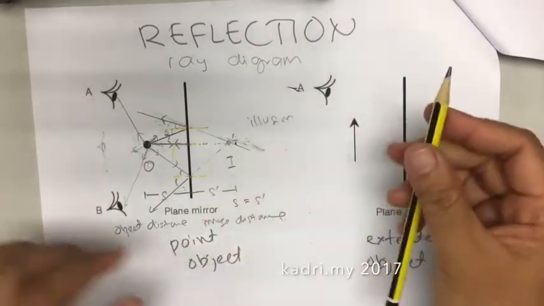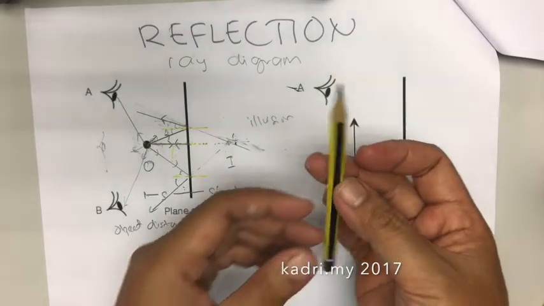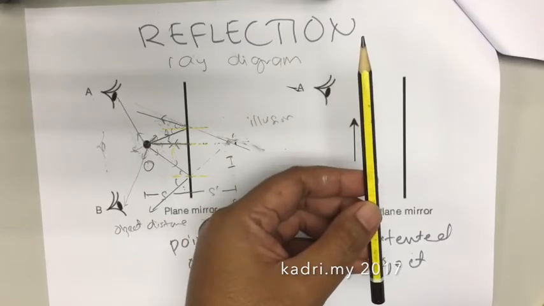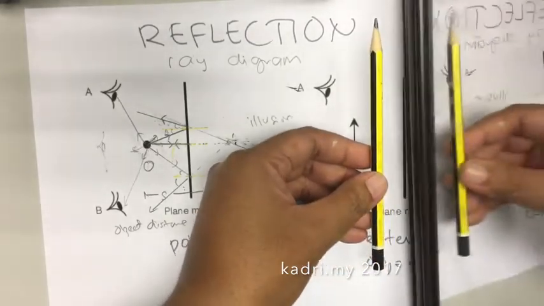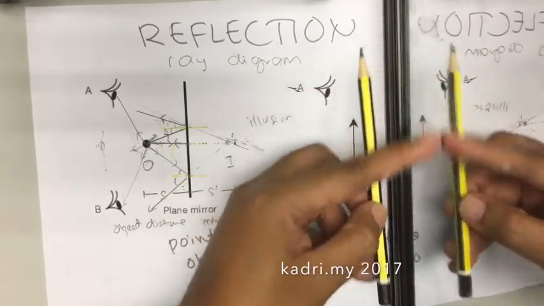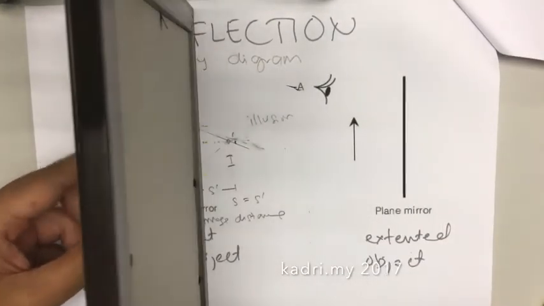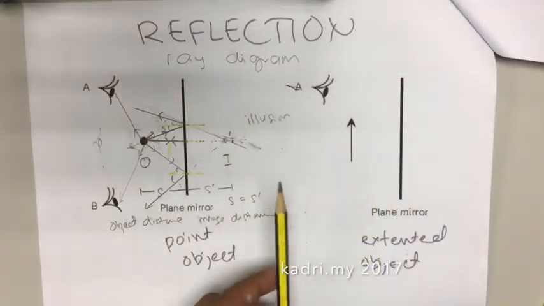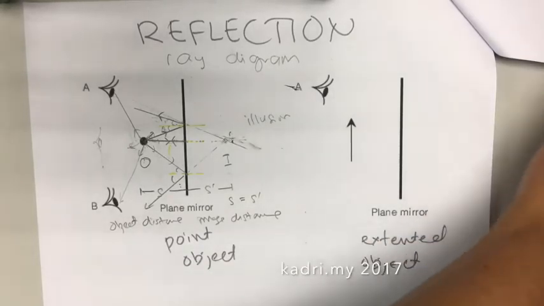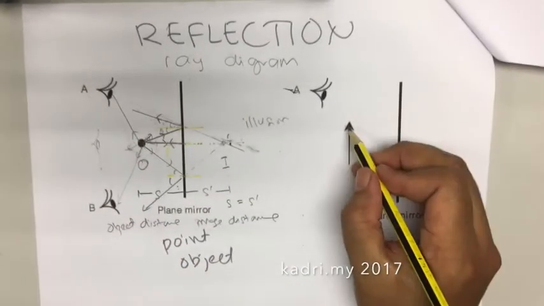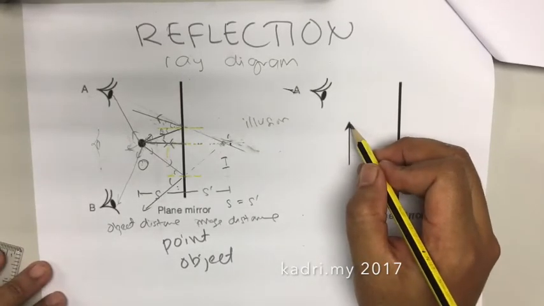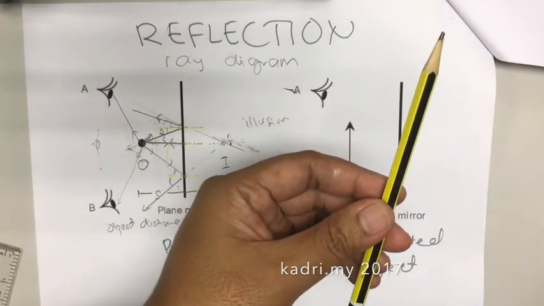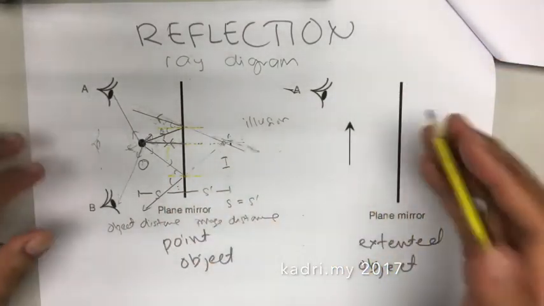So for a real object, we call it an extended object. For example, this pen, how can we see it as the same thing inside the mirror. So we can see this is the extended object, and this is a point object. We use a similar principle: we see this pen because light is reflected in all directions from the pen.